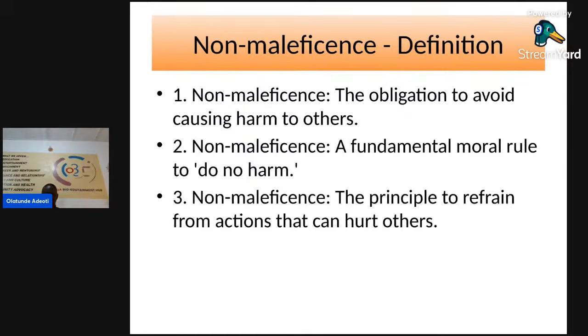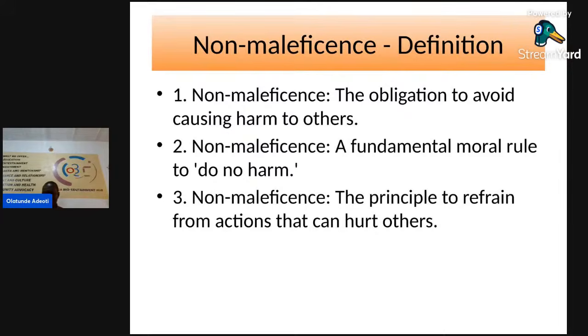You get to the laboratory, you cover yourself, you are in a nose mask, you are using PPE, and the next thing is that you just open a culture of microorganism, or something that is going to be infectious to others. So you must remember the obligation to avoid causing harm to others.